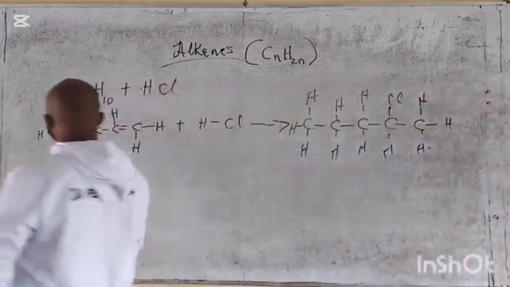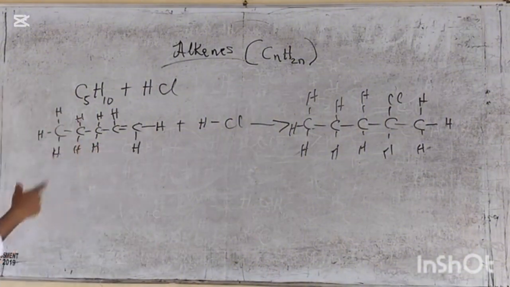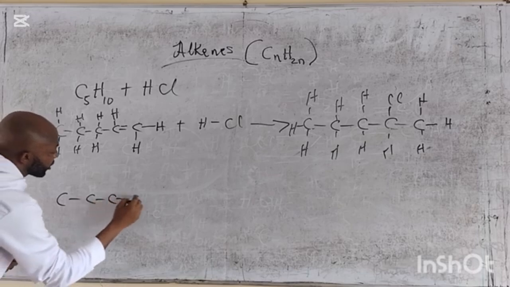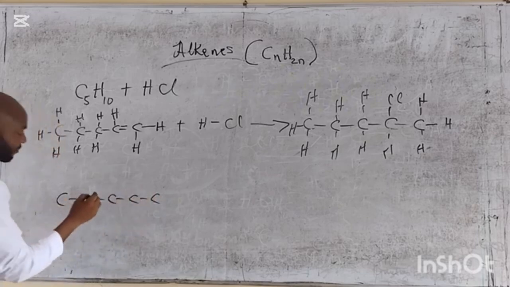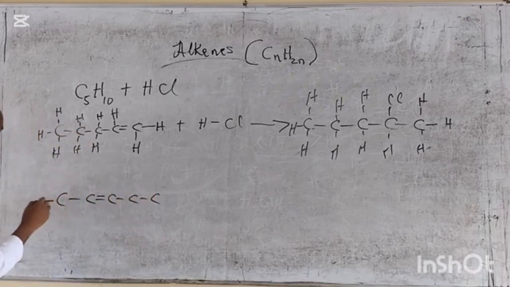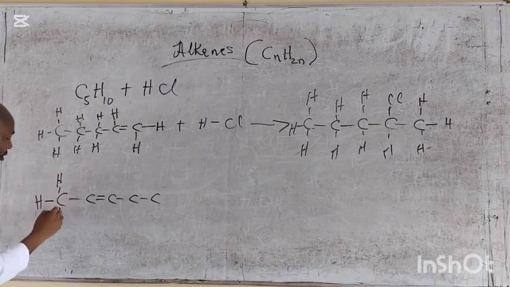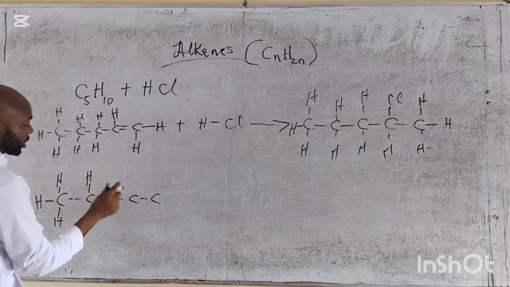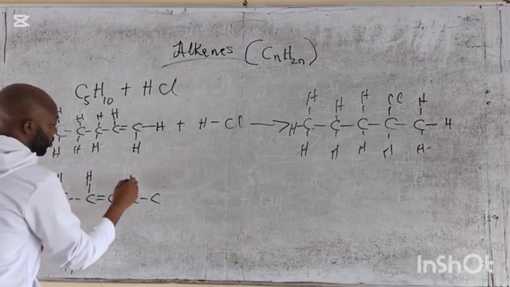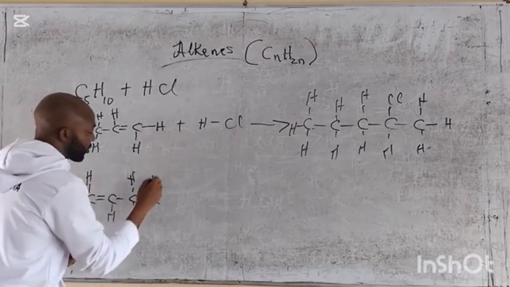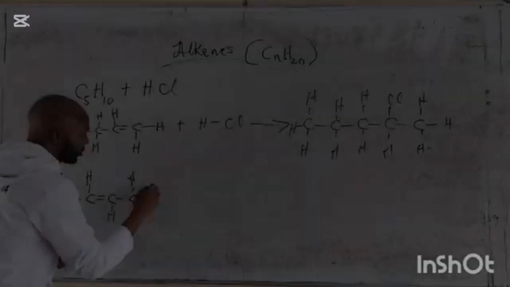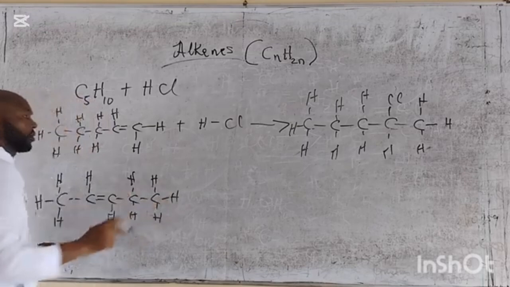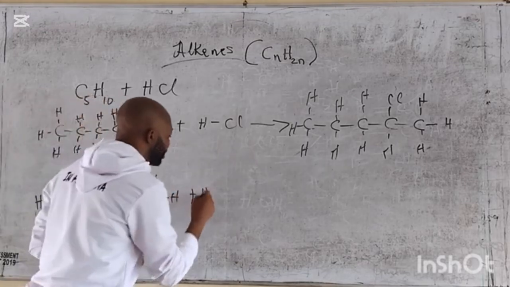In that case, let's see the same kind of reaction, but differently. So if I have my 1, 2, 3, 4, 5, I have my double bond here now. My hydrogens, 1, 2, 3, 4. Now this is reacting with HCl.